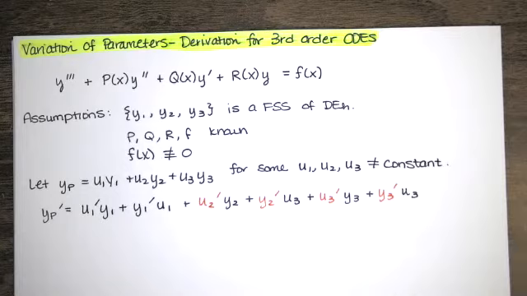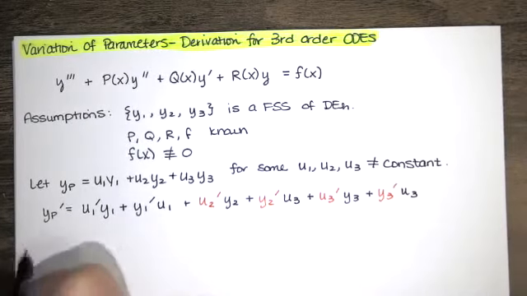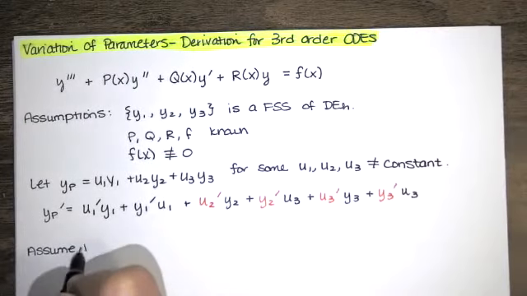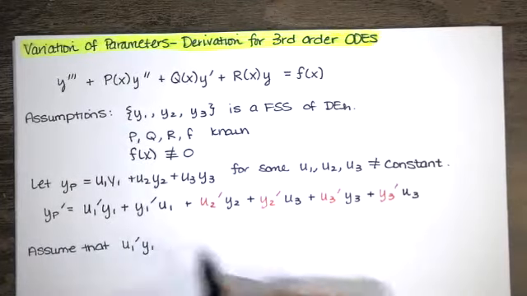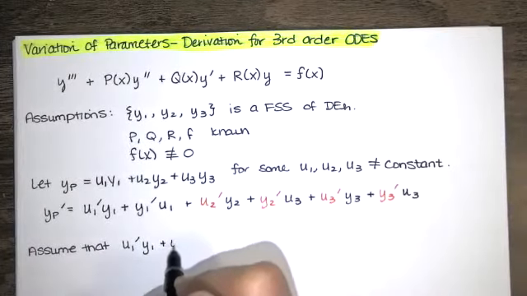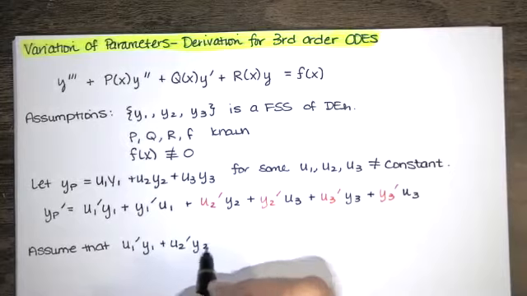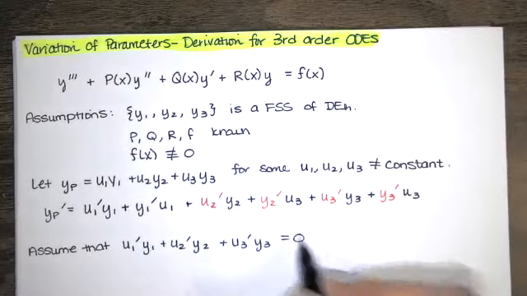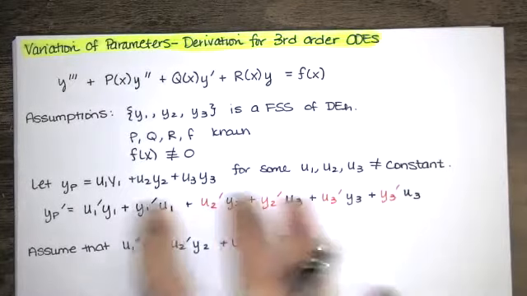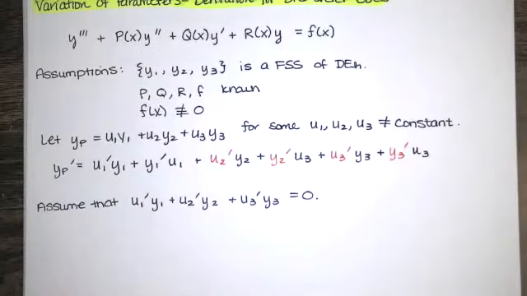So one of the assumptions that we're going to make, and that will simplify things for us, is that this is true. We want to assume that u1 prime times y1 plus u2 prime times y2 plus u3 prime times y3 is equal to 0. If we make that assumption, that simplifies this quite a bit. It gets rid of 3 of our 6 terms.